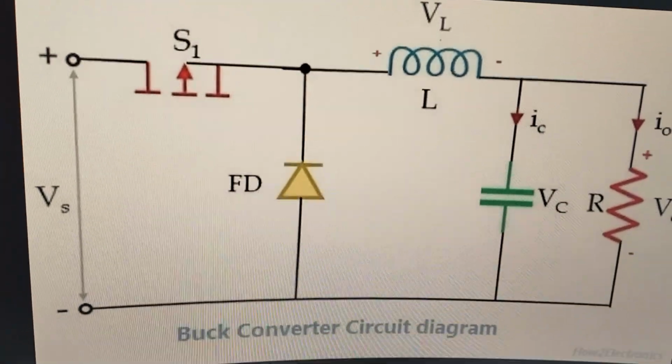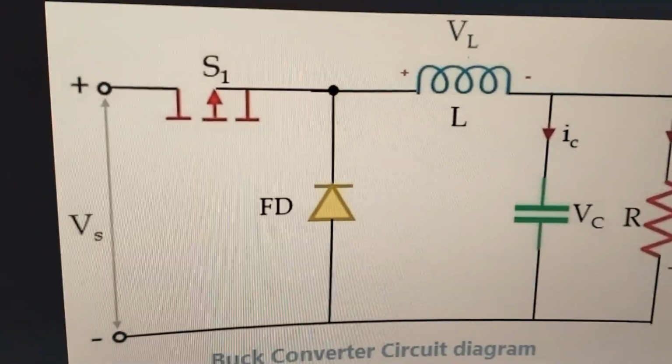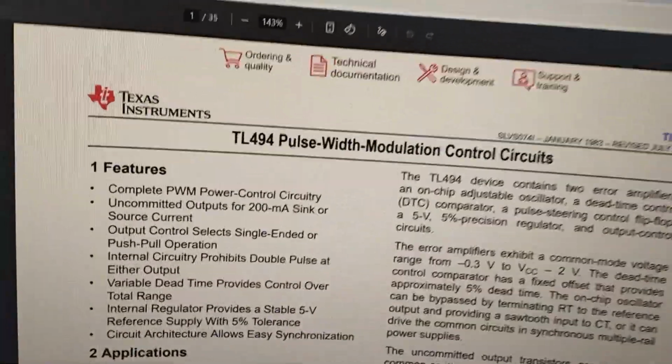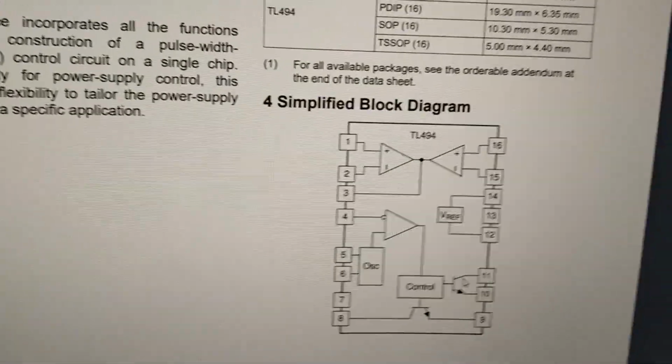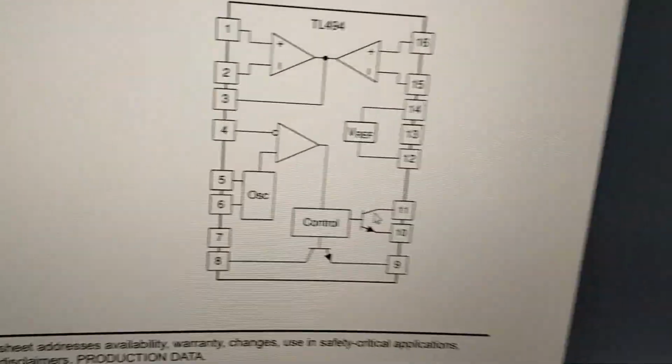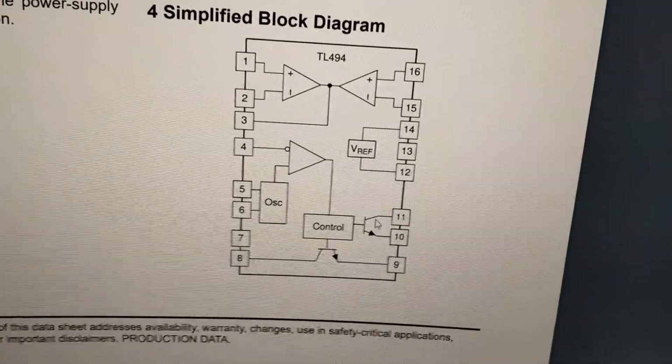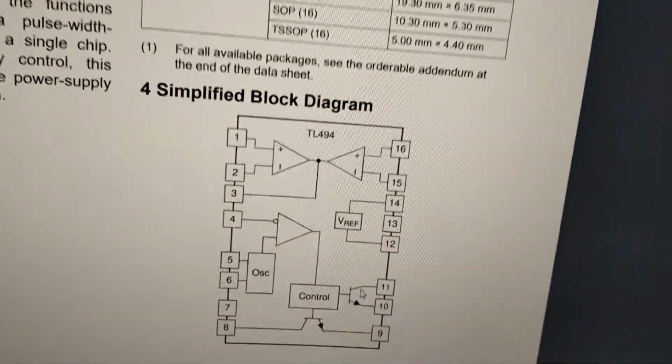And since we're going to be doing open loop, there's this IC. It's a pretty famous one. It's the TL494, and it's a PWM IC basically. It has many features integrated inside it, and you can even do closed loop with this later, since it has these two error amplifiers.